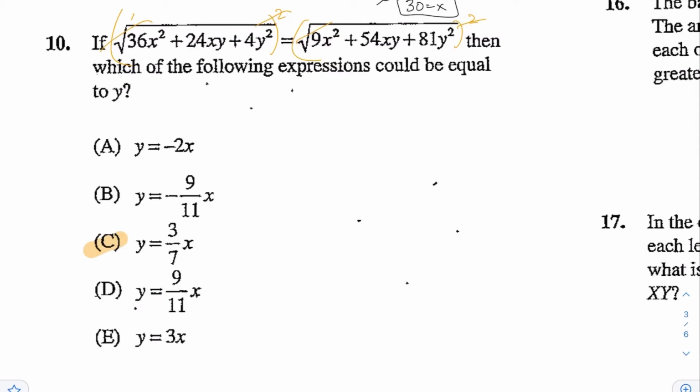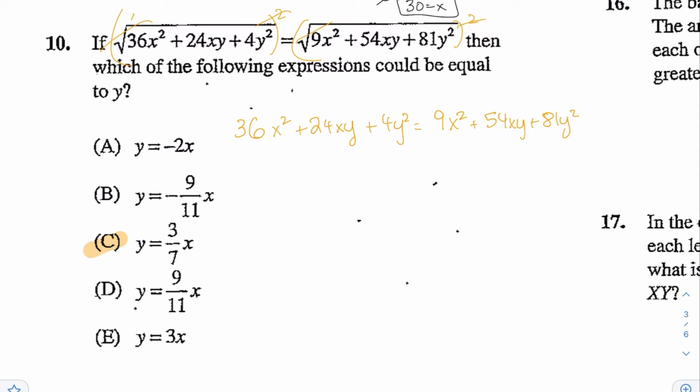So once you square both sides, you end up with this equation: 36x squared plus 24xy plus 4y squared, and that's going to be equal to 9x squared plus 54xy plus 81y squared. Now, if you take each of these sides individually, you can actually see some common factors for 36, 24, and 4.